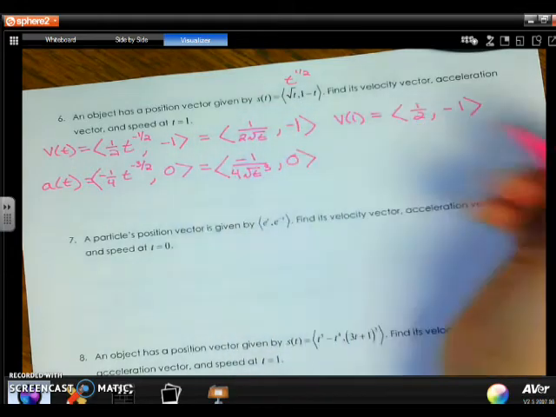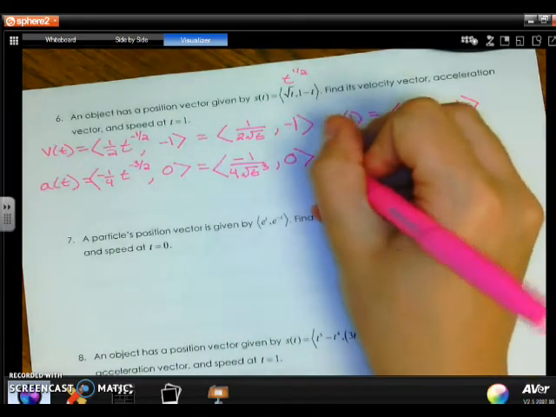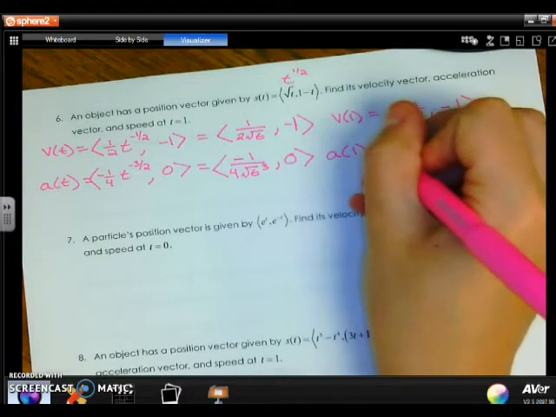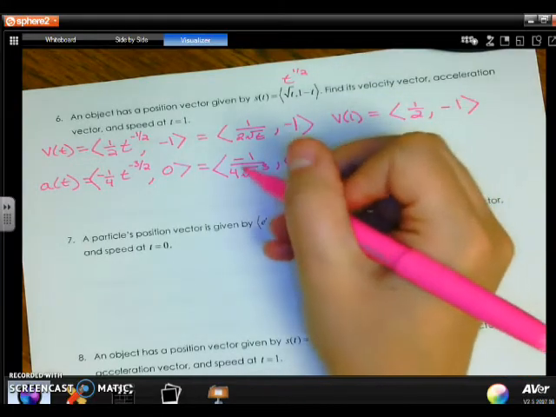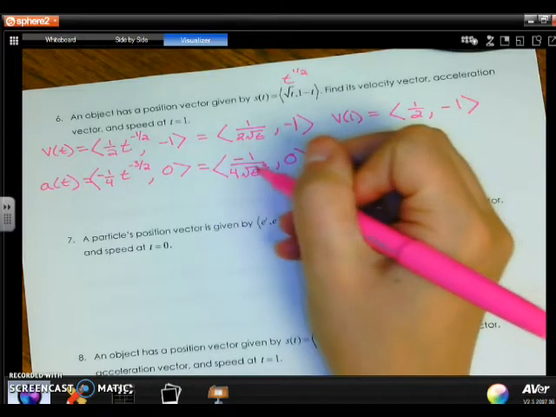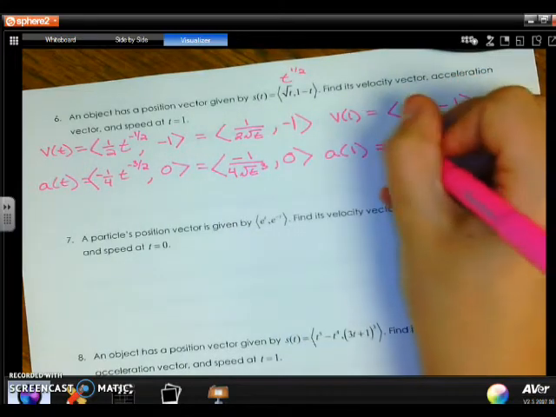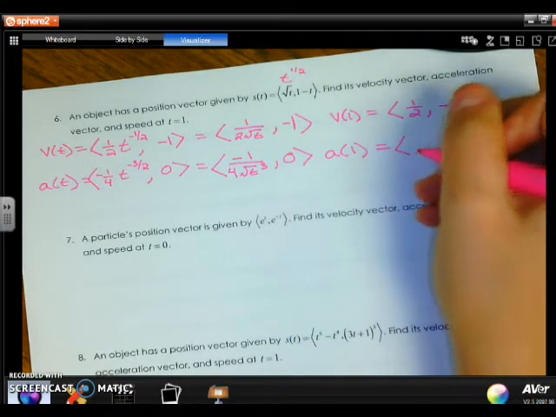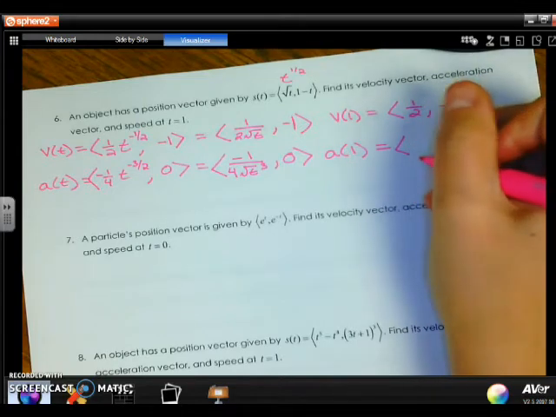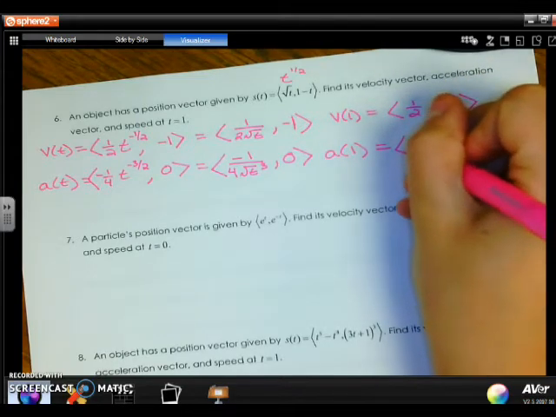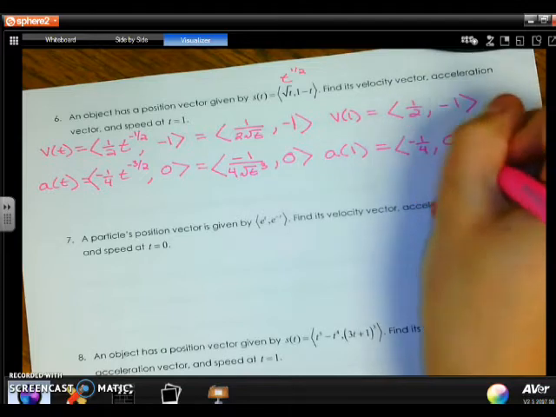That part's easy. And now they're asking me to evaluate that at 1. So if I plugged in a 1 there, the square root of 1 is 1. 1 cubed, still 1. That's a 4, so it just becomes negative 1/4, comma, 0.